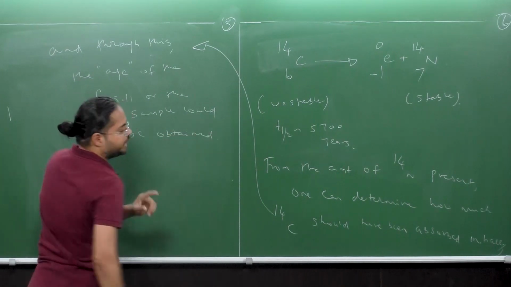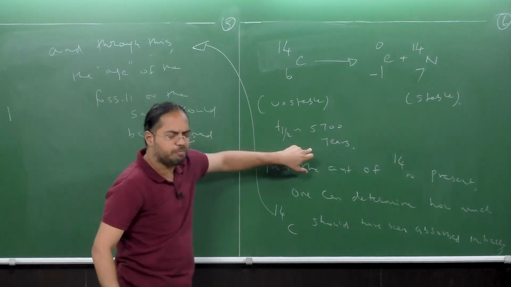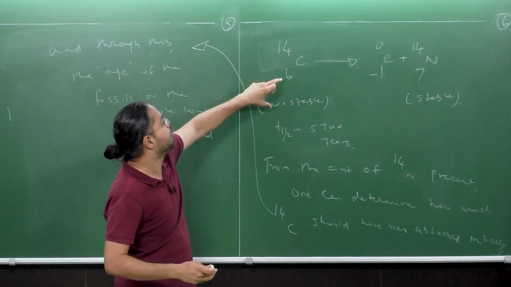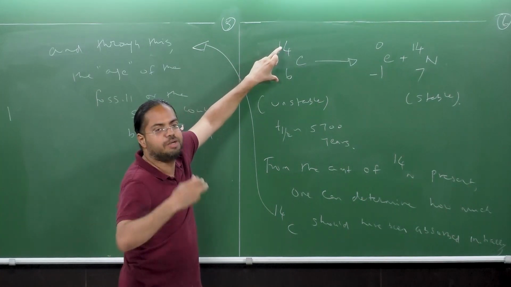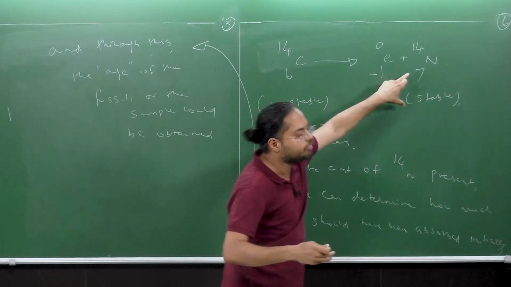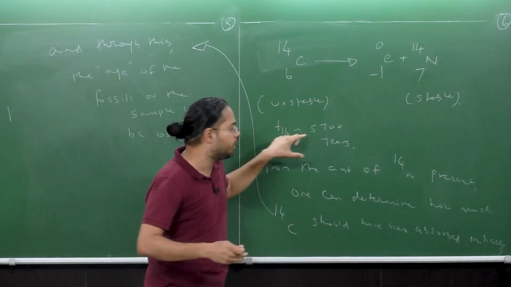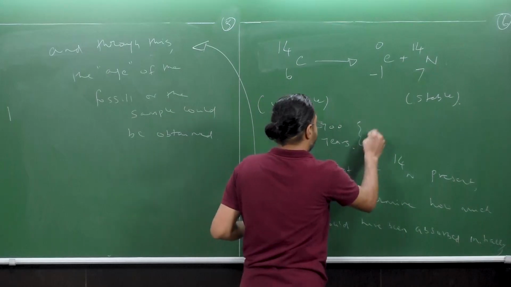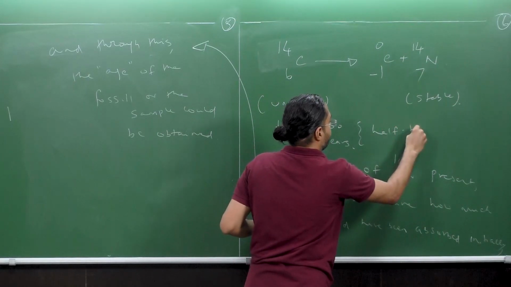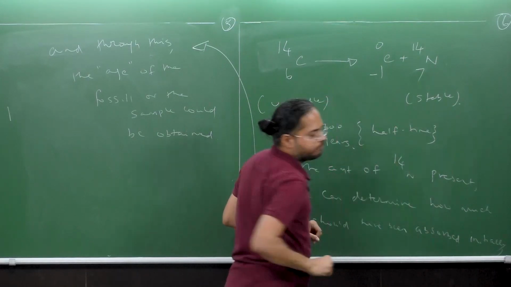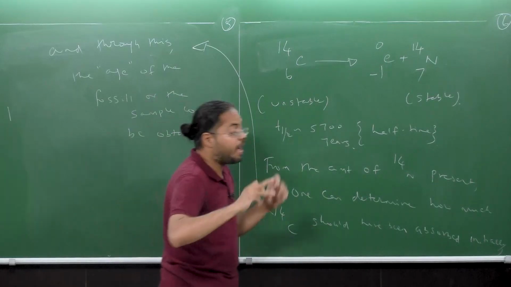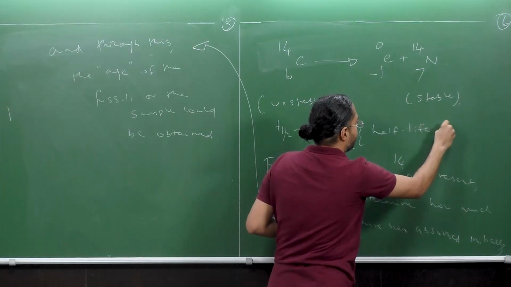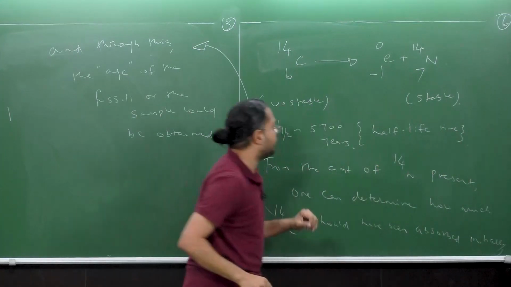But hey, there's a limitation, because the half-life, by half-life, I'm talking about the time it takes for half of the initially present 14 carbon to decompose into 14 nitrogen. That is what is called the half lifetime, which is denoted by the symbol T half. Sorry, not half time, half lifetime. Half time is a soccer term. T half is this half lifetime.